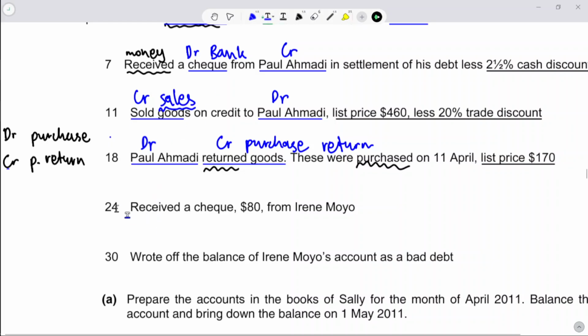Okay, now let's go to next line. Also two lines. So you receive money. So we debit. Check is actually bank. If there is one debit, the another one will be credit.